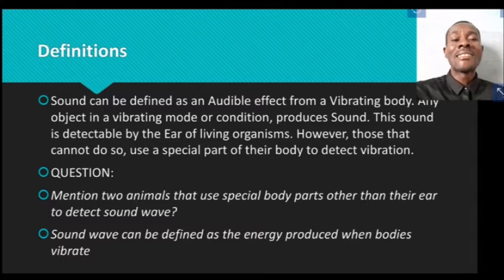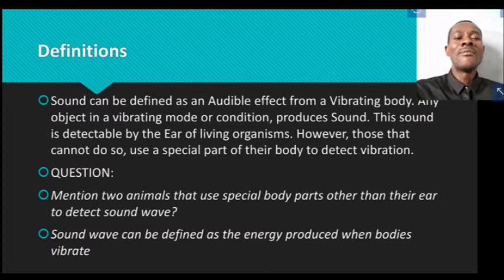As a matter of fact, sound cannot be produced without the vibration of an object or of a body, be it a living body or a non-living body. All right? So when a body vibrates, it produces sound. The sound might be very minute, it might be so small, it can be loud.